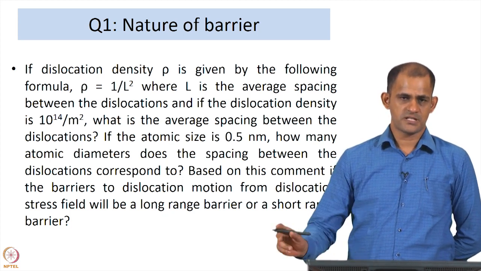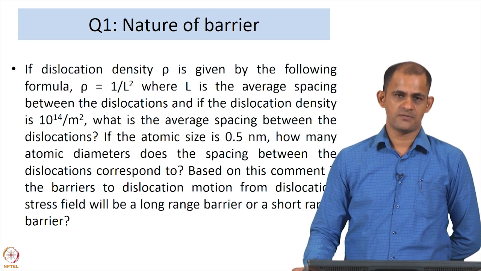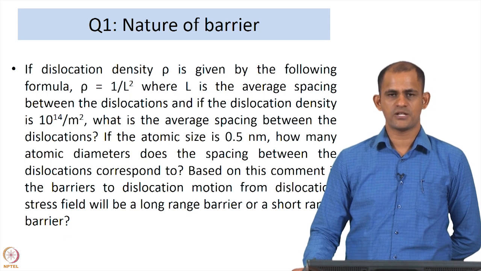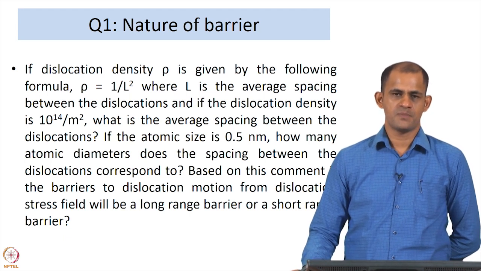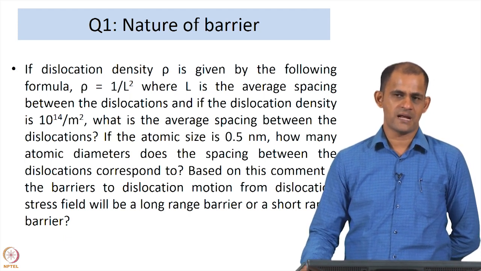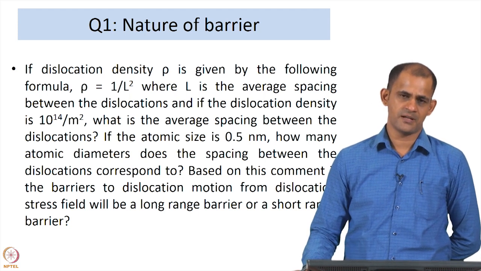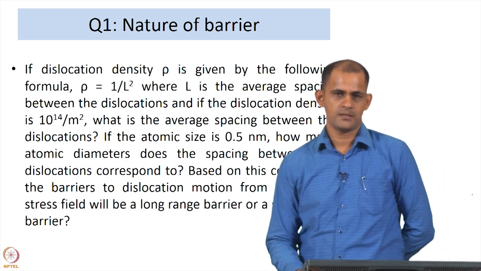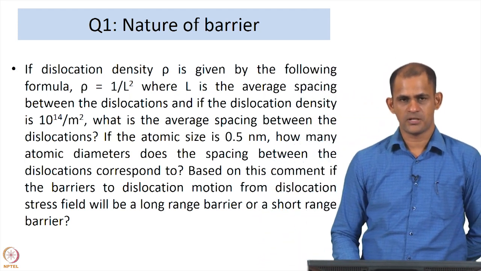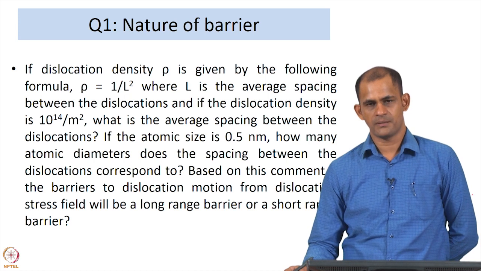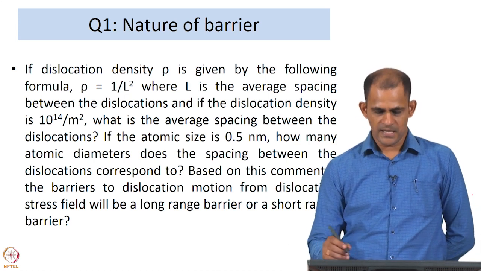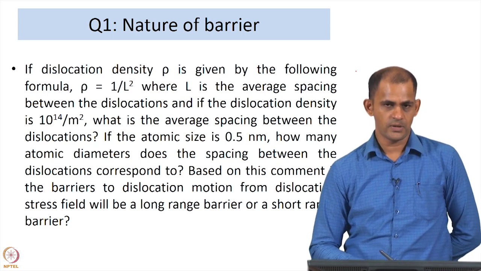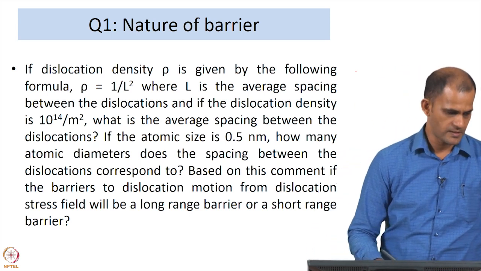Because the distance over which the dislocation will have to travel is a few hundred diameters, that is why it is long range, and short range is maybe a few atomic diameters, say ranging between 1 to maybe 5 or so, and because the distance is so small, it can be easily overcome by temperature. Now, let us determine if this dislocation spacing will lead to a long range barrier or short range barrier.